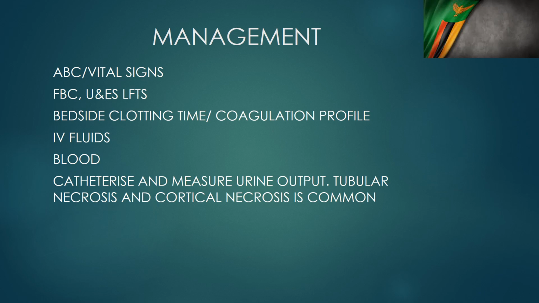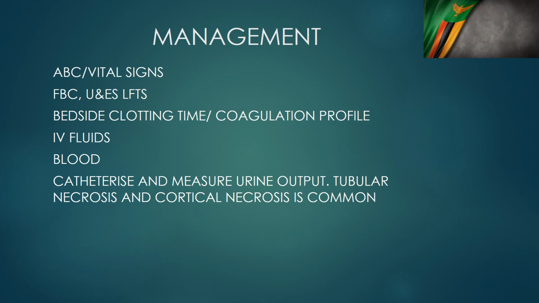When the placenta detaches, all these placental thromboplastins go into the circulation and cause disseminated intravascular coagulation, which eventually leads to lack of clotting of the blood, which eventually leads to hemorrhage. So doing our bedside clotting time would be important.